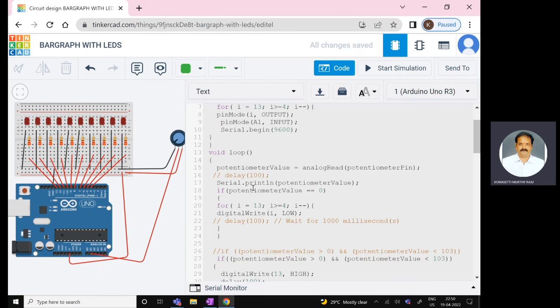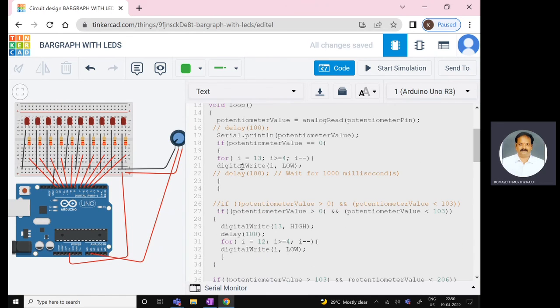In this code, when the potentiometer value is 0, all LEDs are in the off condition. That means digitalWrite for pins 13 to 4, the digital pins assigned to the 1 to 10 LEDs, is LOW.